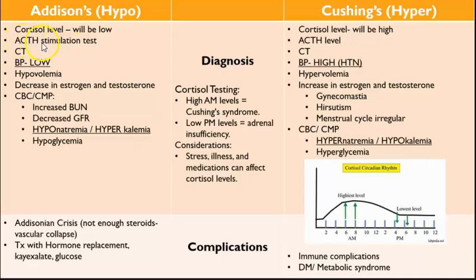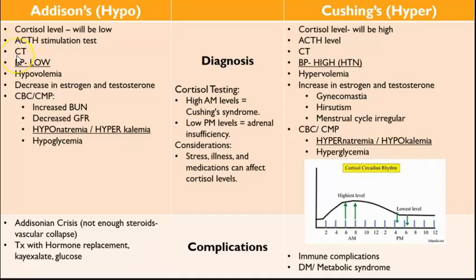So if we try to provoke it and stimulate the adrenal gland or pituitary gland and nothing's being released, we know if it's from the pituitary gland, if that ACTH is low, the pituitary gland is an issue. If we have this, but no cortisol, we know that the adrenal gland is the issue.